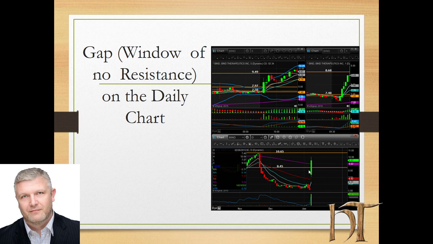So that's a really nice big window, right here at 845 and then up to 1065, because we've got that candle here, one big candle giving us that window.